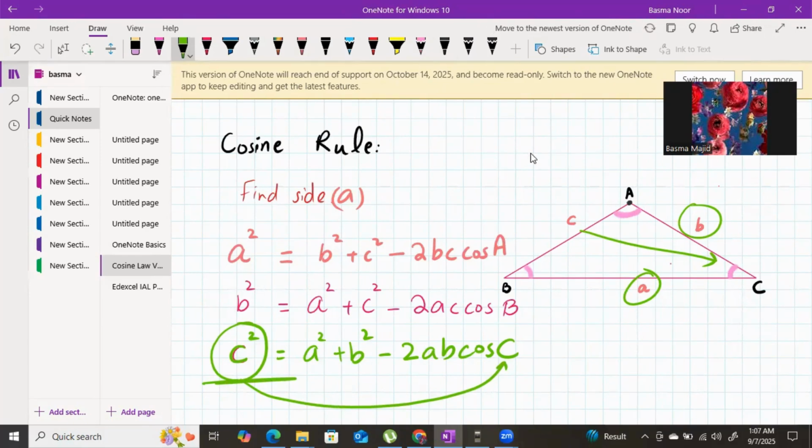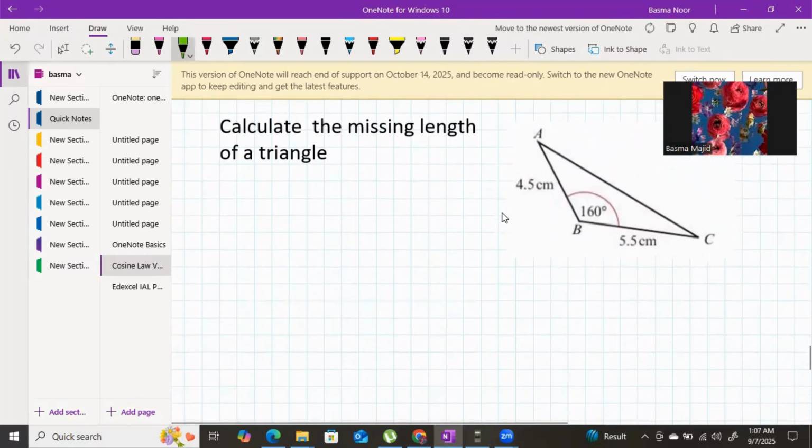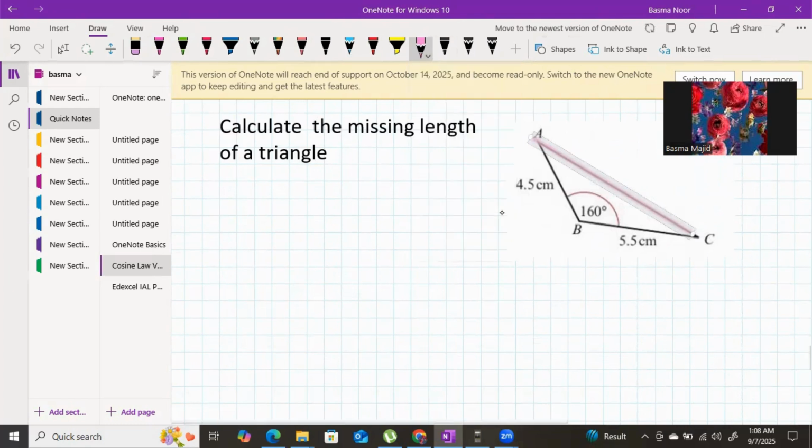Let's do an example related to that. Calculate the missing length of the triangle. Which length is missing? If we see, AC is missing. You are given AB, which is 4.5 centimeters, BC is 5.5 centimeters, and the angle at B is 160.